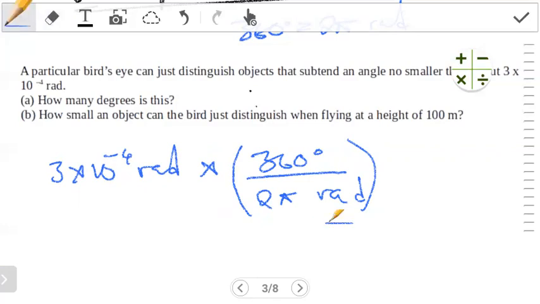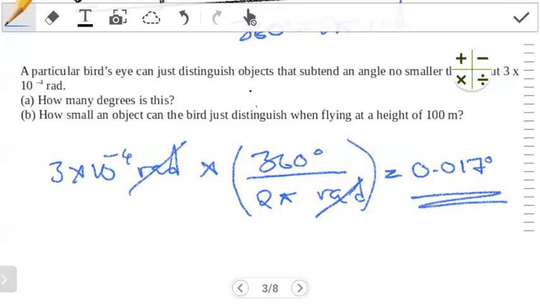Let's see what remains. If we work it out, divide, multiply, the answer we get is 0.017 degrees.